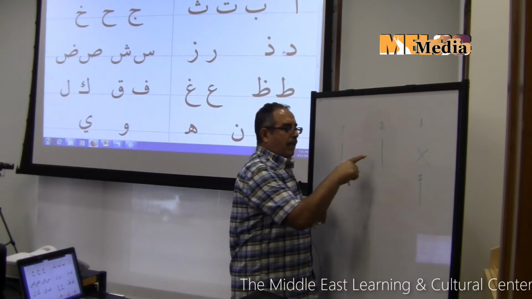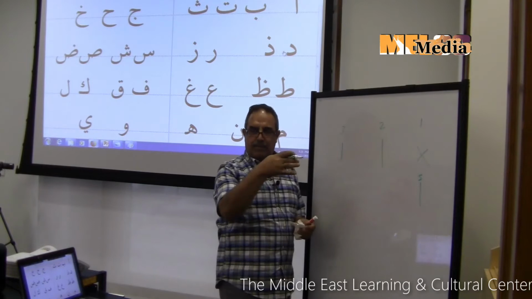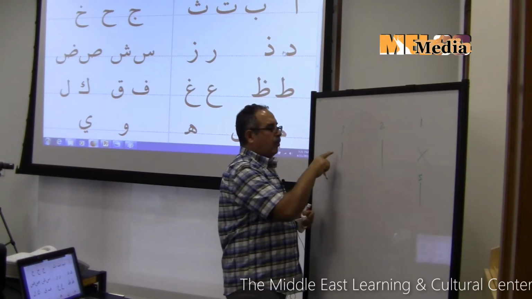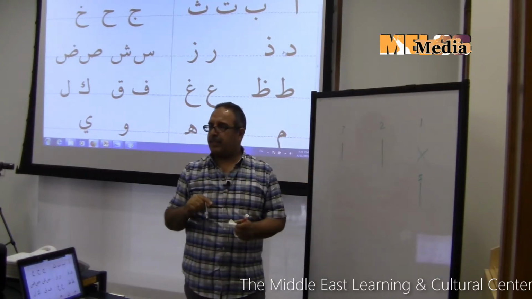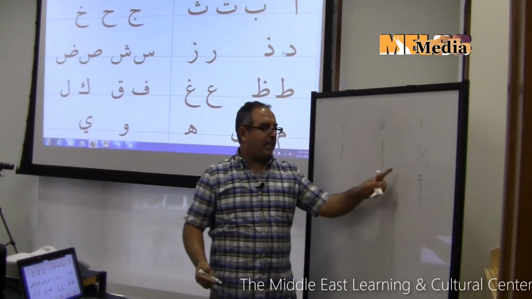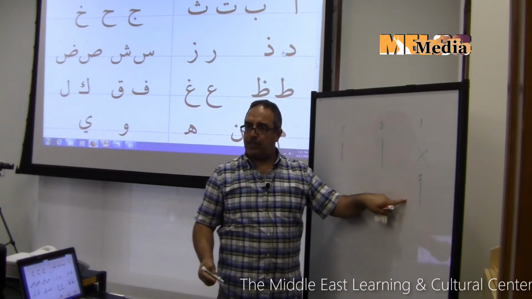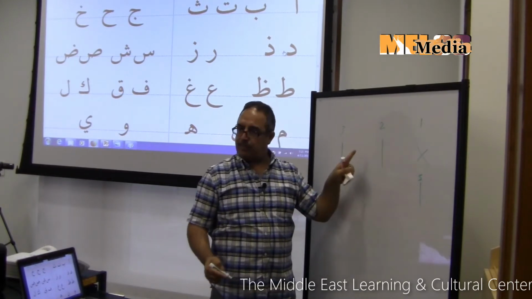Alif can be in the middle of the word, among the letters in the word, or at the end. Hamza can be at the beginning, and there it takes this shape sometimes, on top of the Alif.